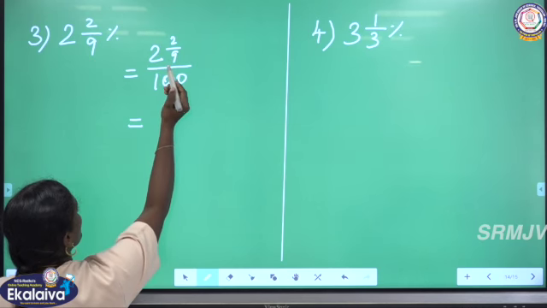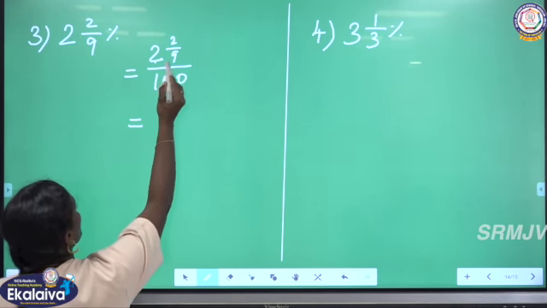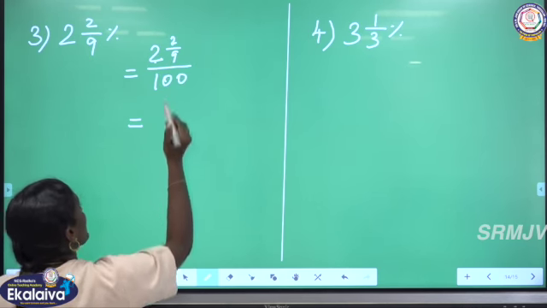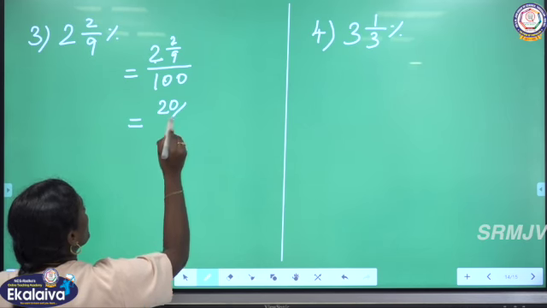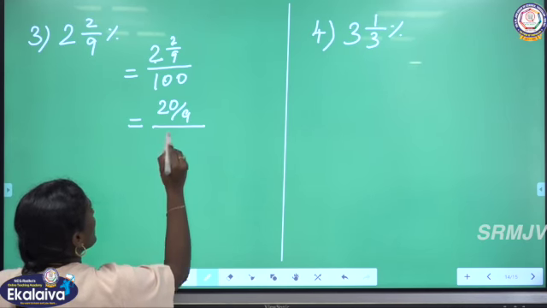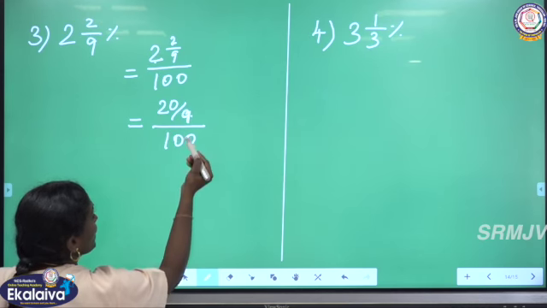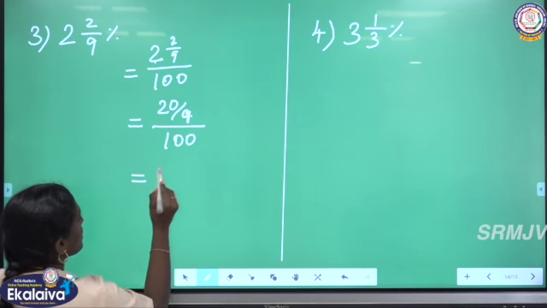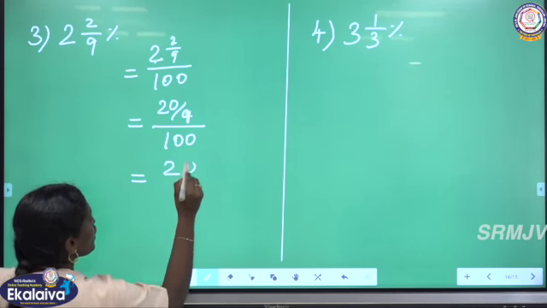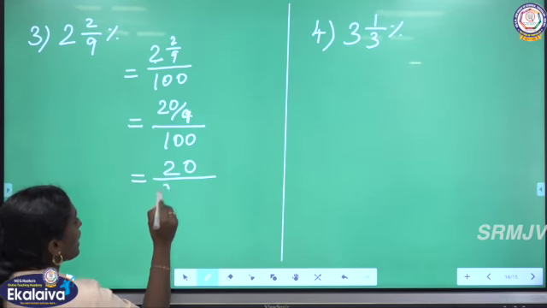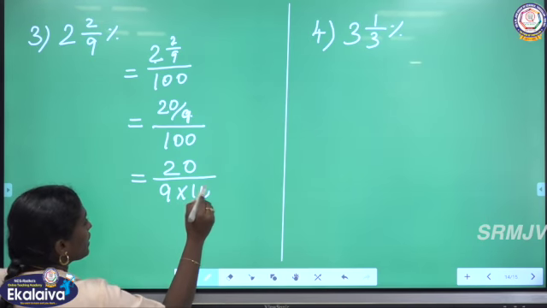For that we have to multiply the denominator and the whole number part. 2 9s are 18. 18 plus 2, 20. 20 by 9 divided by 100. Here the denominator number will come in the denominator. So we will get 20 by 9 into 100.